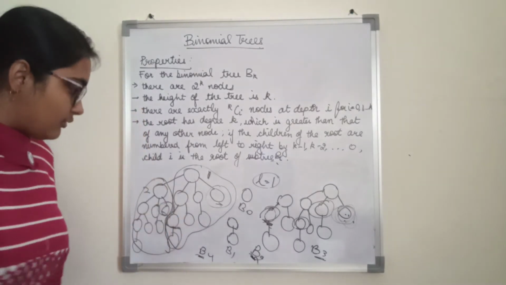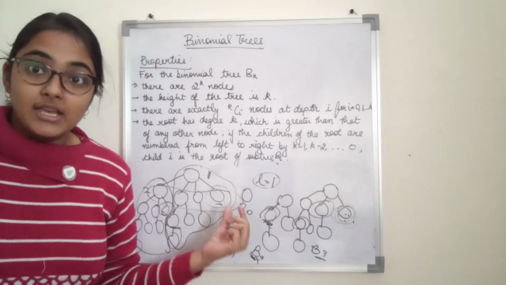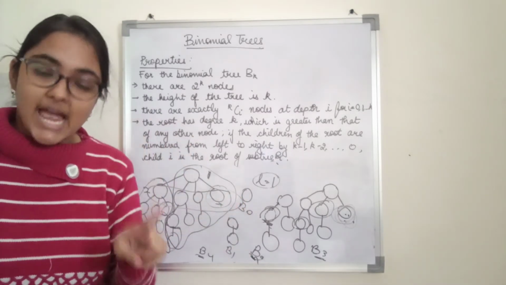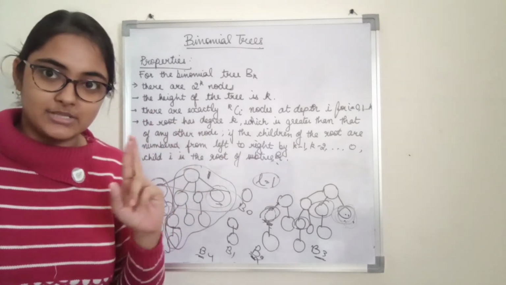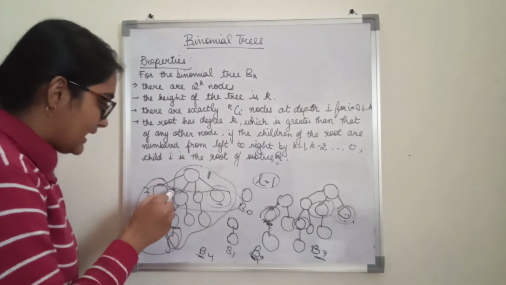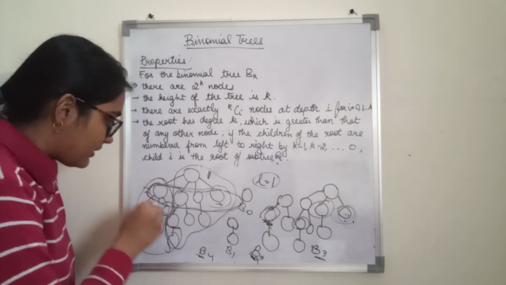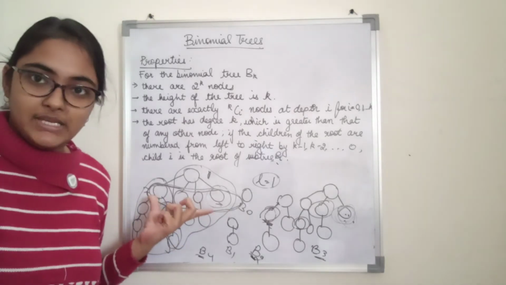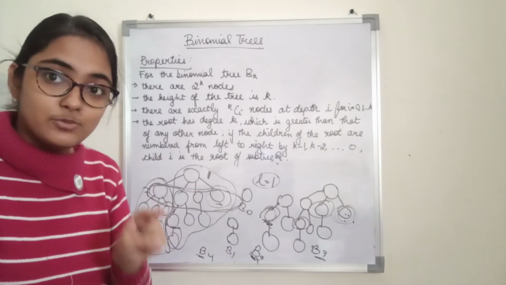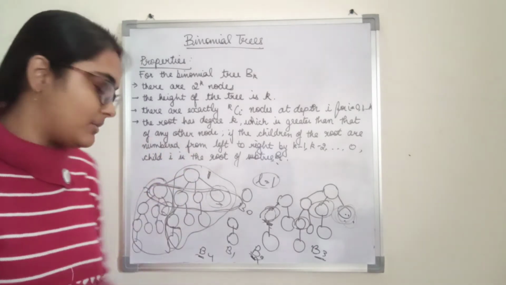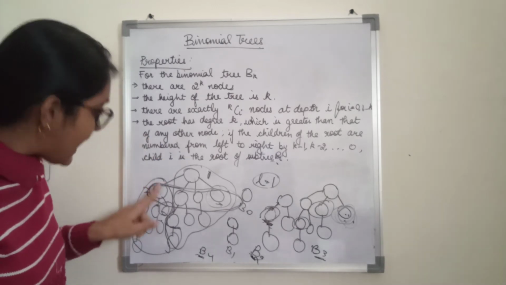So the number of nodes at depth i in b(k) is the number of nodes at depth i in b(k-1) plus the number of nodes at depth i minus 1 in b(k-1).